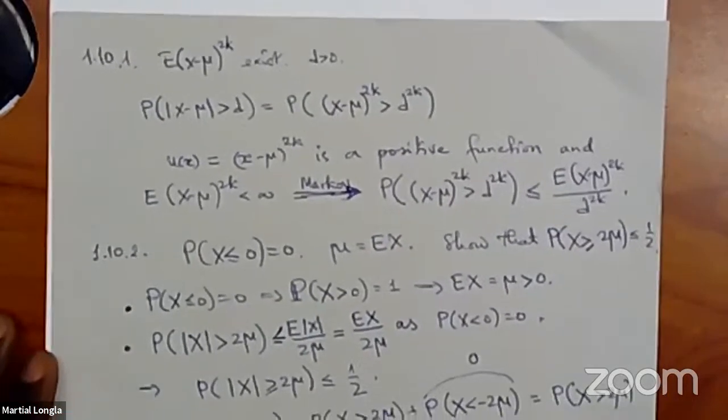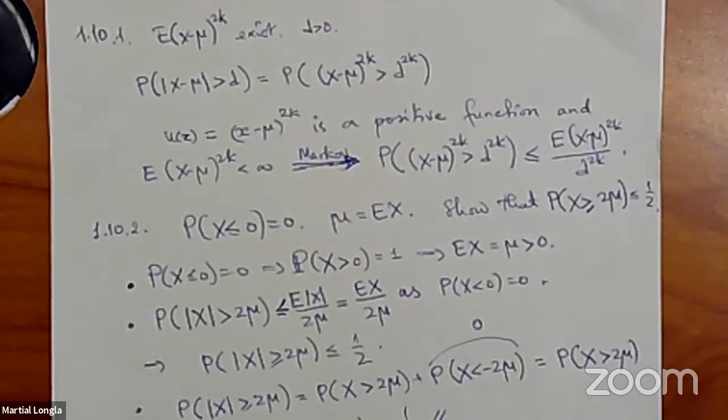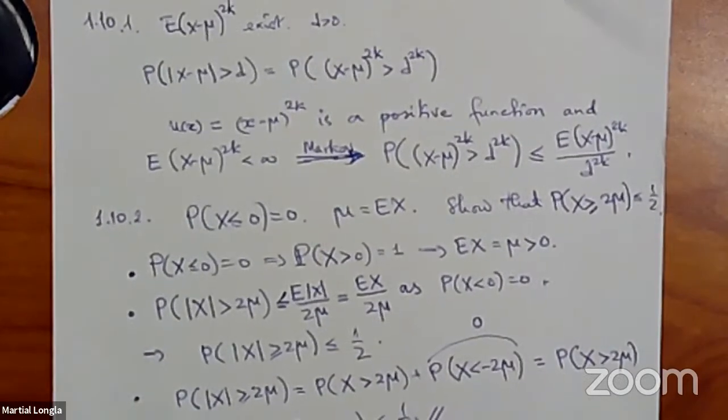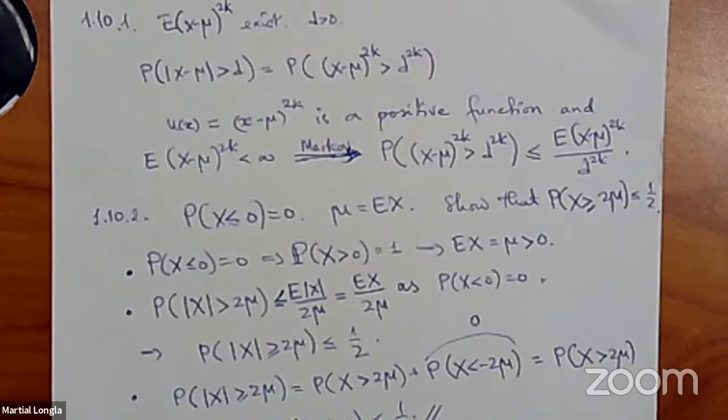Then 1.10, for the couple of problems that I checked, I think people had issues here forgetting again about checking the assumptions. When you say you're using Markov's inequality, you need to check the assumptions of the Markov inequality. If you're using Jensen's inequality, check the assumptions of the Jensen inequality.